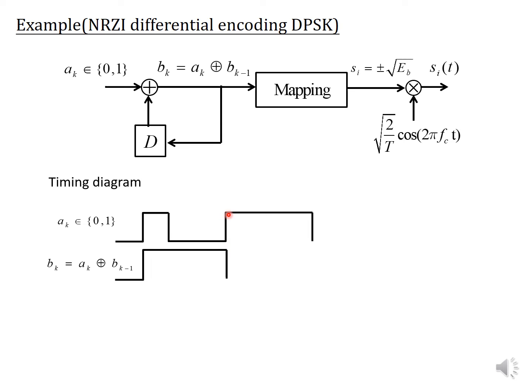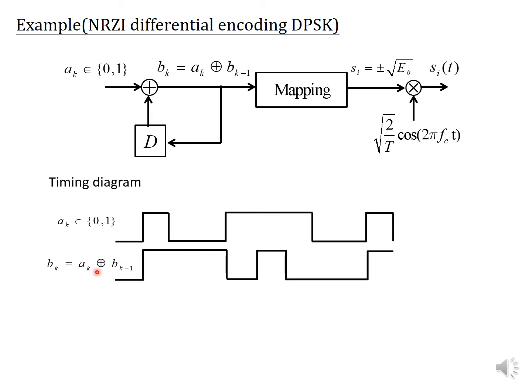Whenever there's a 1 in the message, BK has a transition, and when there's another 1, BK has another transition. So BK represents the transition: whenever there's a 1 in the message, BK would toggle. That is the encoding strategy.